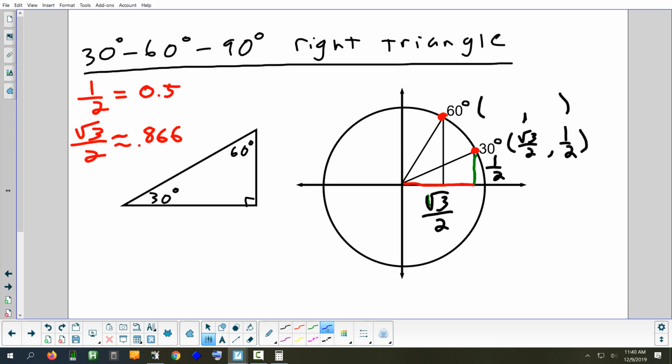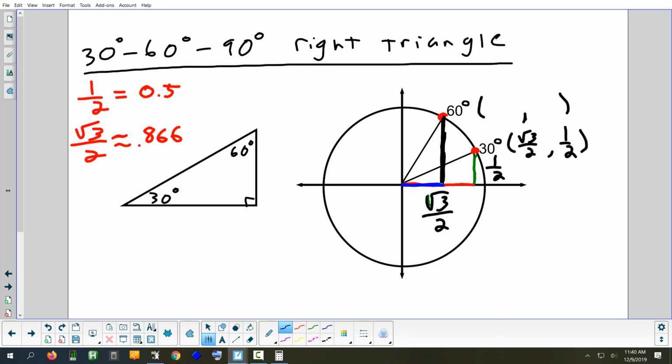Now, look at the same thing in the 60. There's your short side in blue. Here's your long side in black. The short side gets the short number. The long side gets the longer number, or bigger.